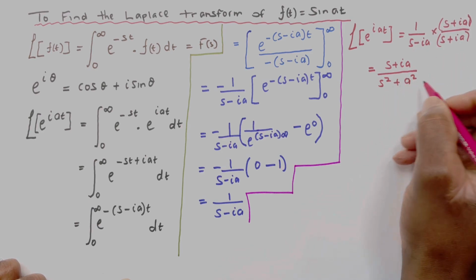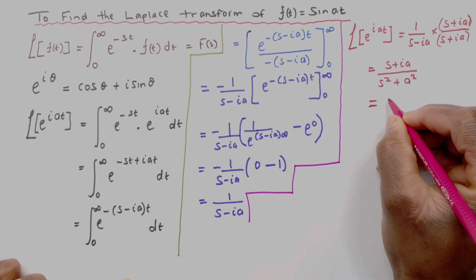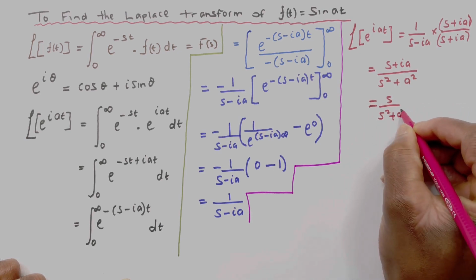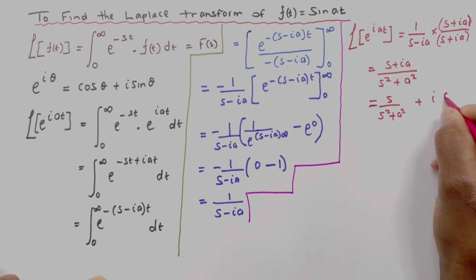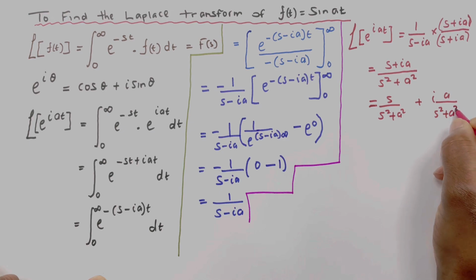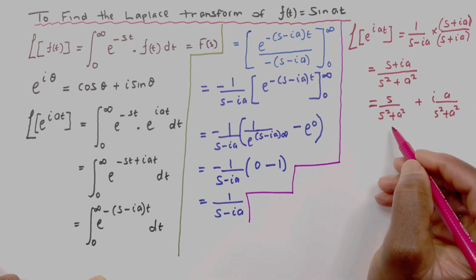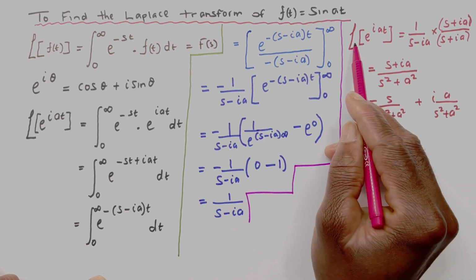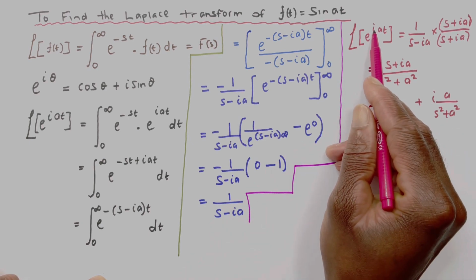We can split this even further: s over s squared plus a squared, plus i a over s squared plus a squared. So this is the real part and that's the imaginary part for the Laplace of e to the power i a t.